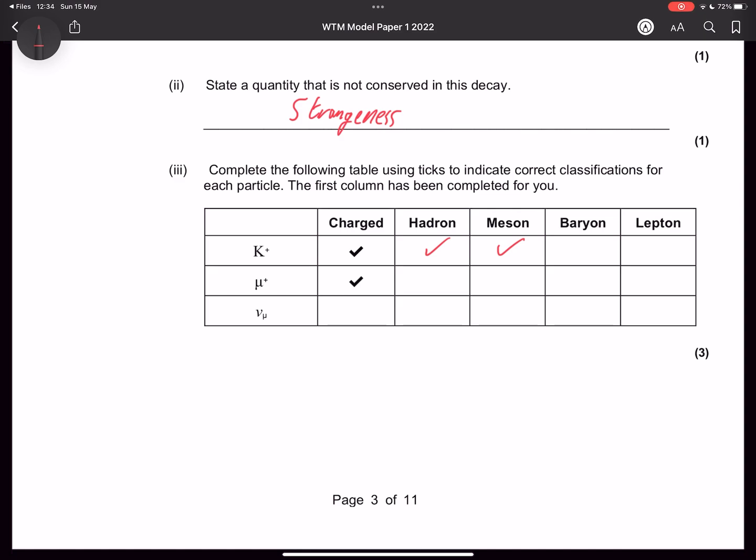That's not the case. Go through it procedurally. We know that K plus is a meson, so it has to be a hadron. It's made of quarks. And we know that the other two particles are leptons, which means they can't be baryons, mesons, or hadrons. So it completes itself, really.